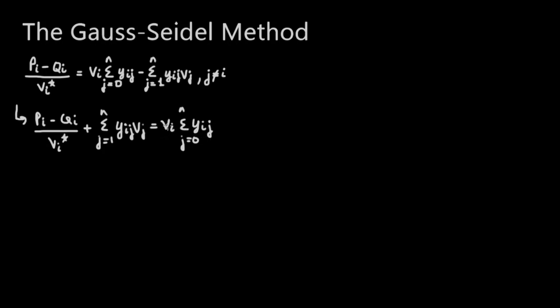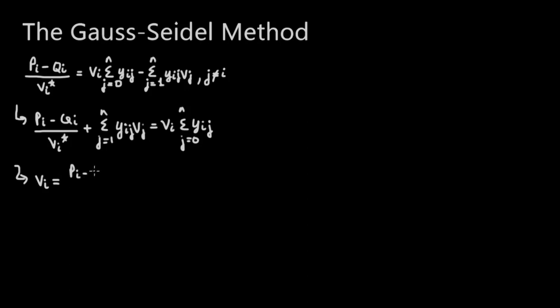And now I'm going to isolate Vi in this equation, so I'm going to bring this to the other side of the equation. I'm going to divide all of this by this summation term over here. So then I would get, and let me put Vi here on the left, Vi, which again is the voltage at bus I, is going to be equal to the following.